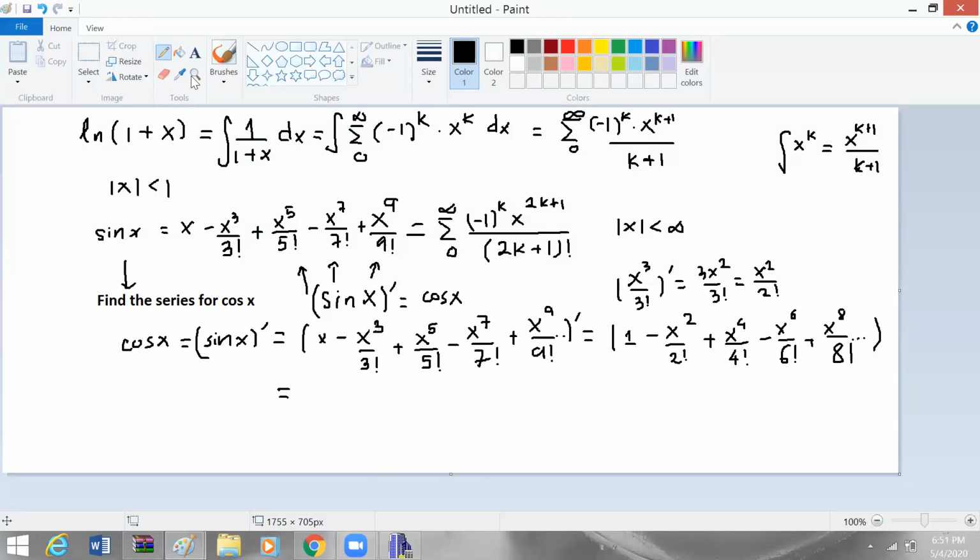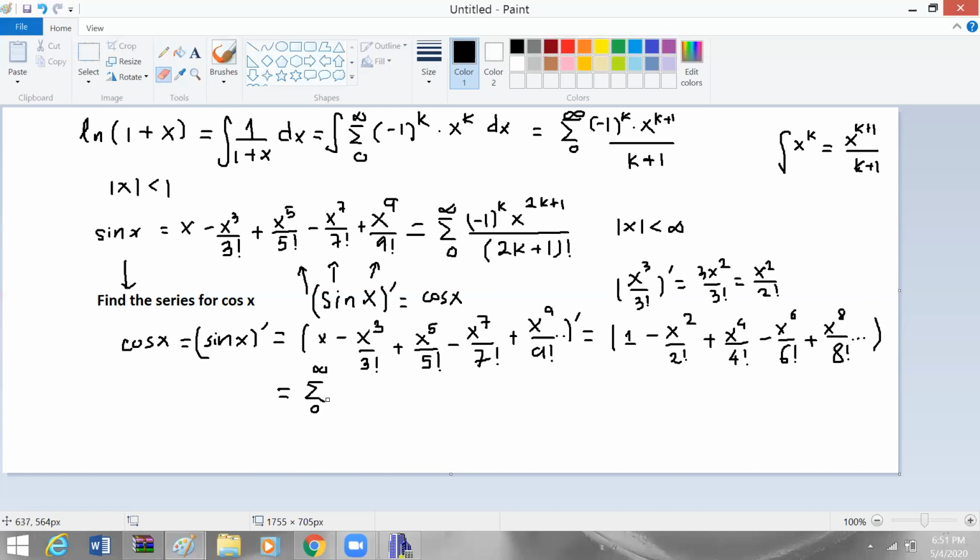Just keep going forever. And I can also rewrite this series with respect to the sum from k equals 0 to infinity. I'm sorry about that. Right?